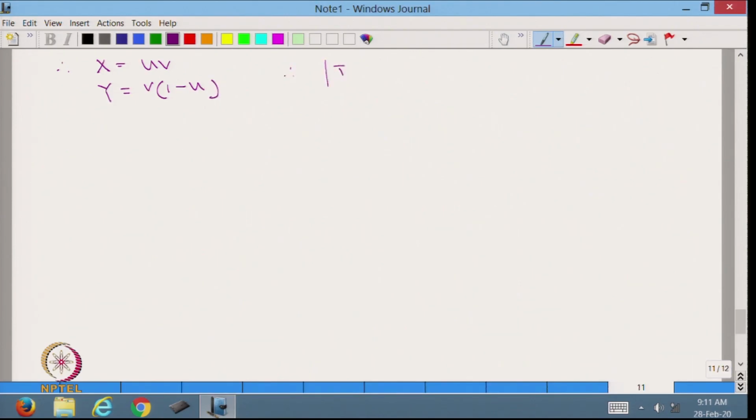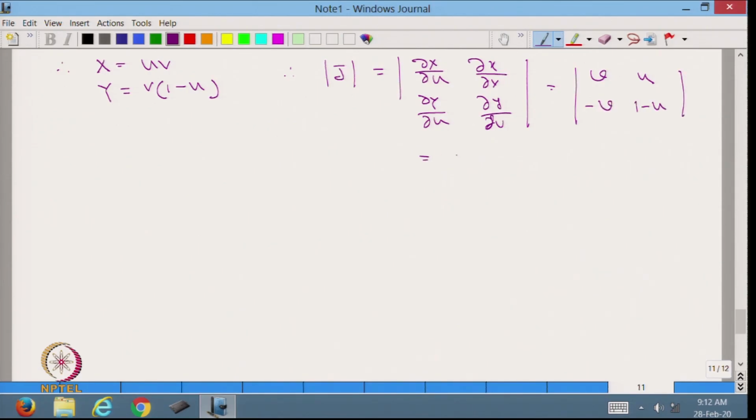Therefore, the Jacobian is equal to the determinant of del x del u, del x del v, del y del u, del y del v, which is equal to v into u minus v into minus... v minus u v plus u v is equal to v, which is greater than or equal to 0.